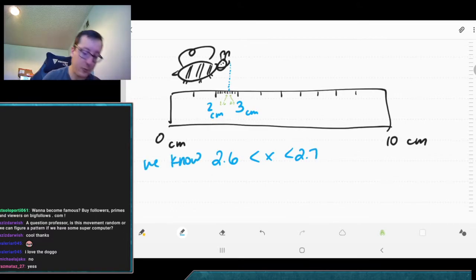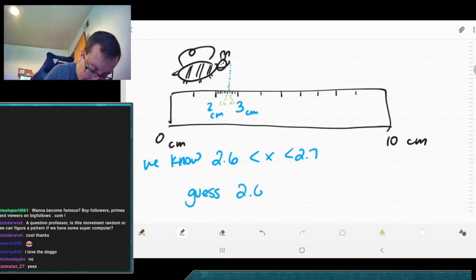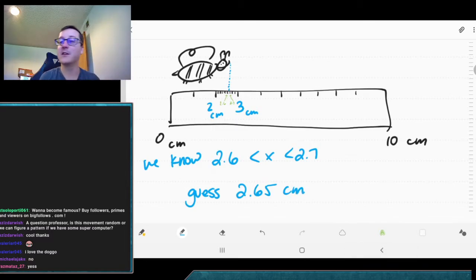We know that for sure. We can see 2.6, we can see 2.7, we know where those are. So we know it's in between those. So maybe we'll guess 2.65 centimeters. All right, and so this is reasonable, right?